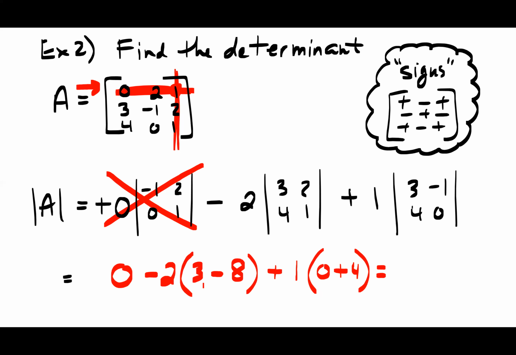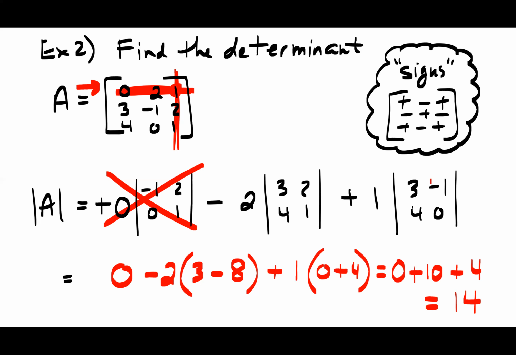Let's put this together: 0 plus, because it's 3 minus 8, right? So 0 plus 10 plus 4, 14. No, it'll be -4, because it's 0 minus 4, because it's negative 1 times 4. So you're right, it's 0 minus, there's not a negative 4.